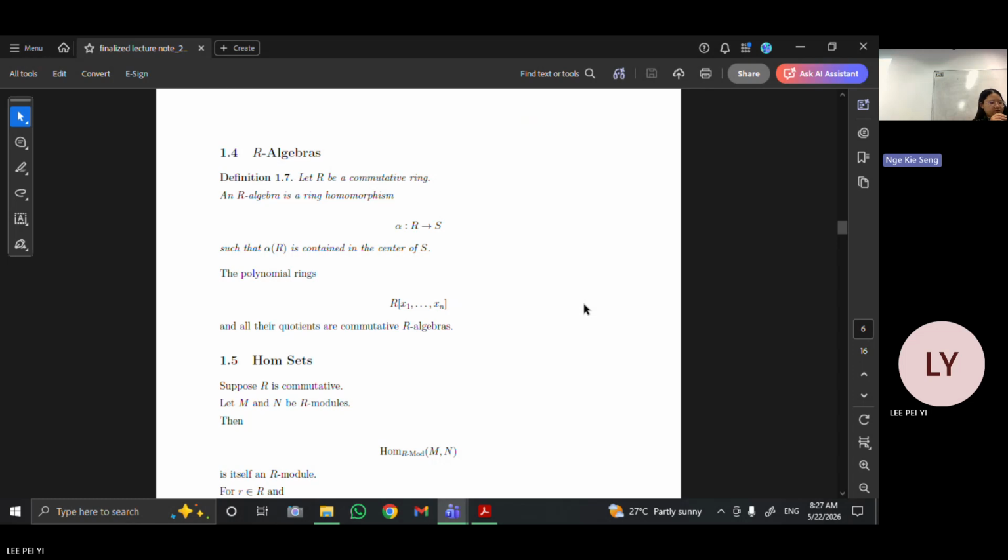Polynomial rings are the most important examples. All quotient rings of a polynomial ring are also R-algebras.